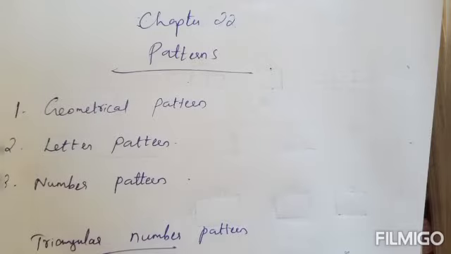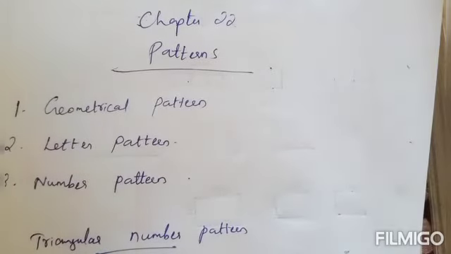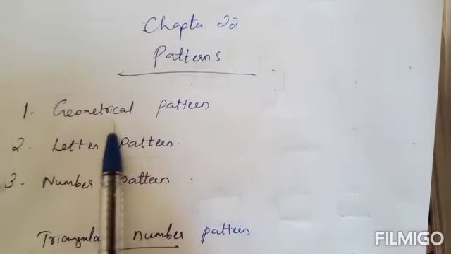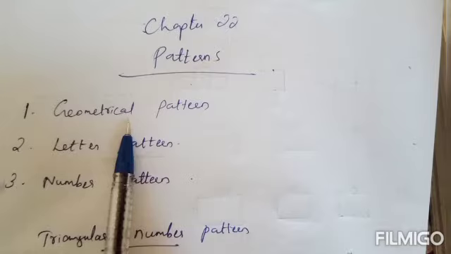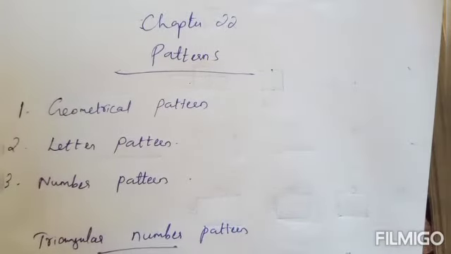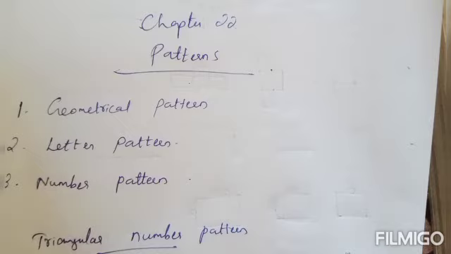Now, different types of patterns are there. First one, geometrical pattern. Geometrical pattern means arrangement of shapes, colors and designs according to a rule.